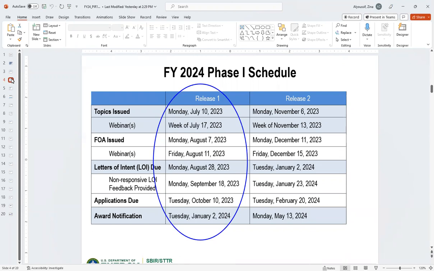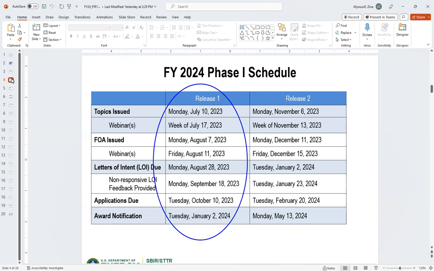The most important date following the opening of the funding opportunity is the letter of intent due date, which is the first step you need to take in order to submit a full application. DOE is the only federal agency that requires a letter of intent.